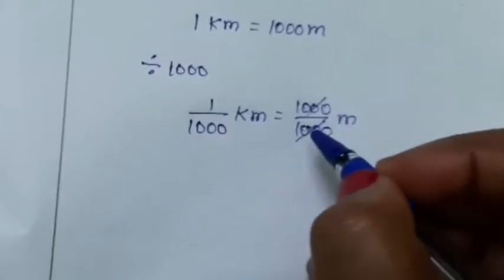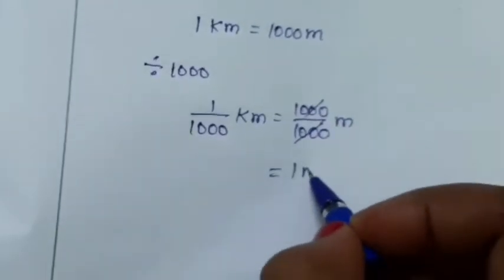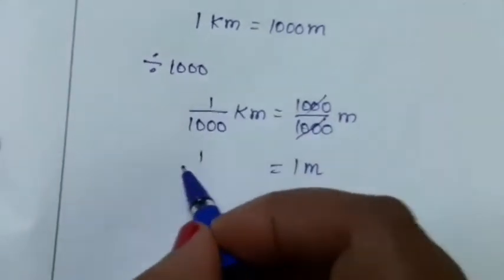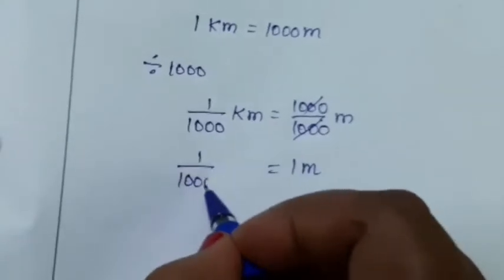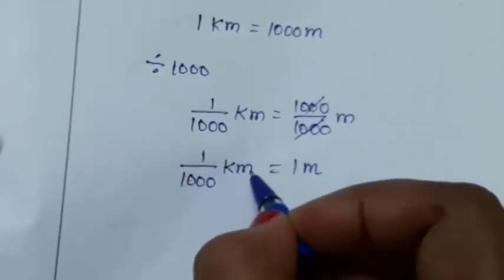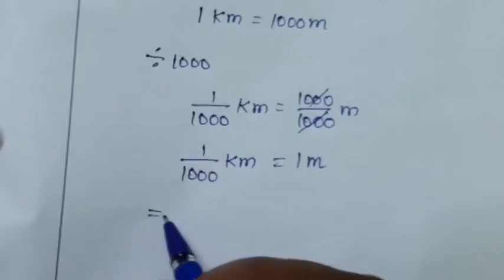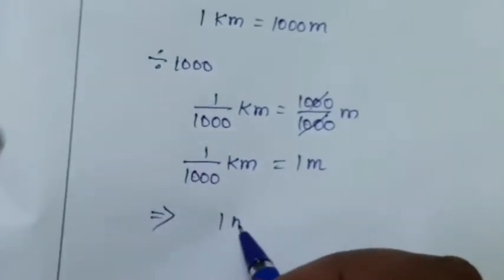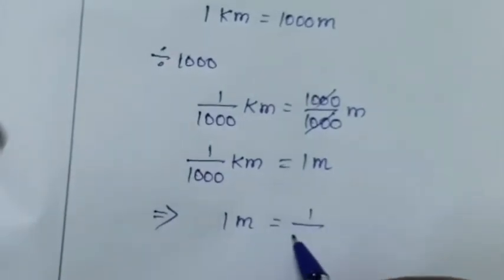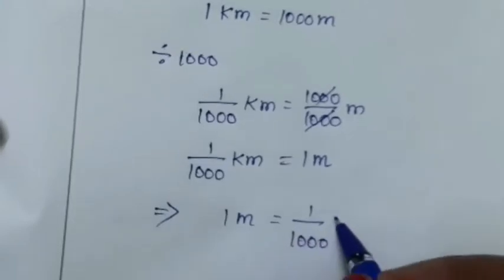By cancelling 1000 by 1000 we get 1 meter is equal to 1 divided by 1000 kilometer. From this we can say that 1 meter is equal to 1 by 1000 kilometer.